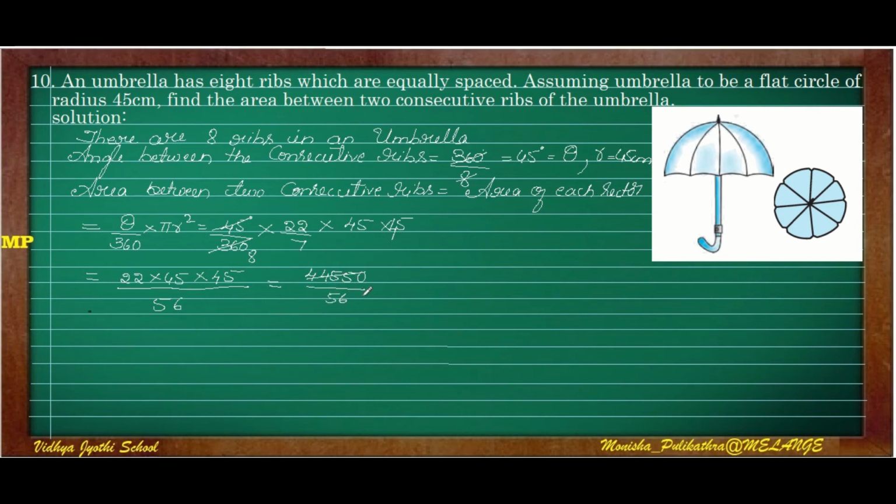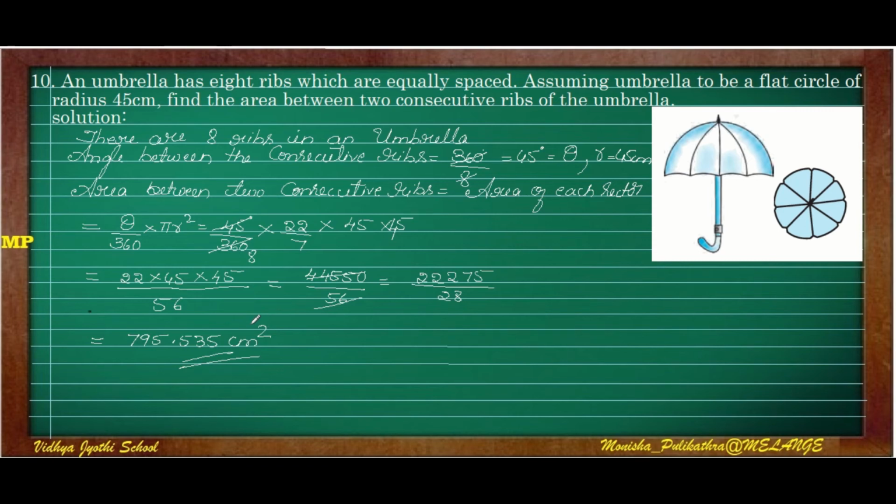So here from 2 you can divide it. You will get 22275 divided by 28. So the division of this will be 795.535. So this is the area of each sector of this umbrella. The area of each sector of this umbrella is 795.53 centimeters square.